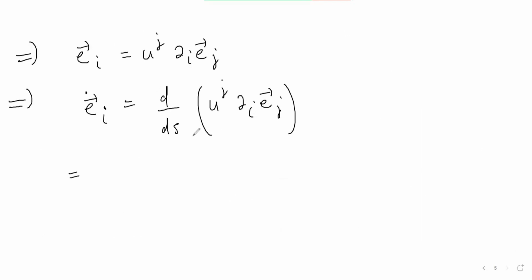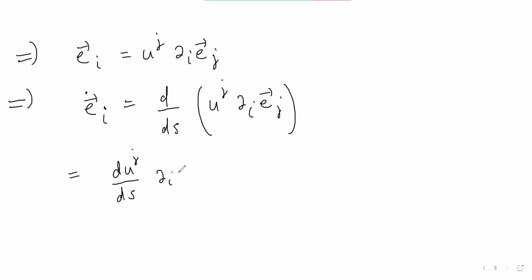Now we differentiate this with respect to s. Obviously, we're going to apply the product rule again. So we differentiate this u_j with respect to s, and start there.